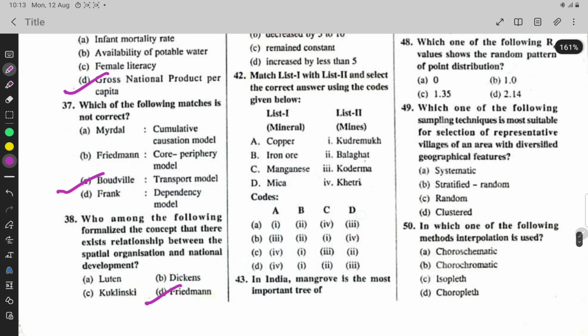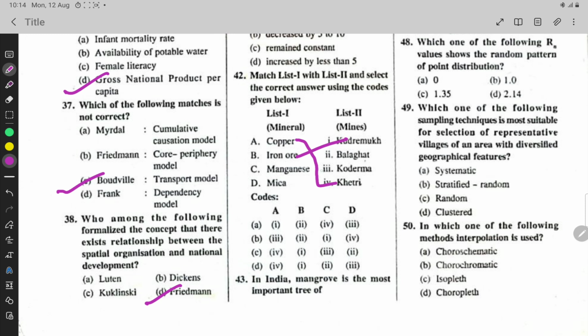Match minerals with their mines. Copper is found in Khetri mines.